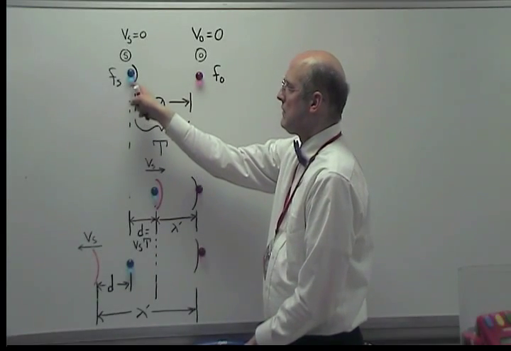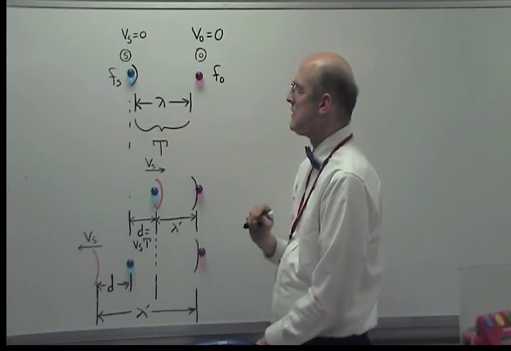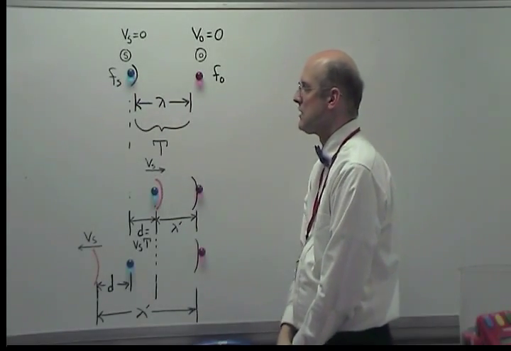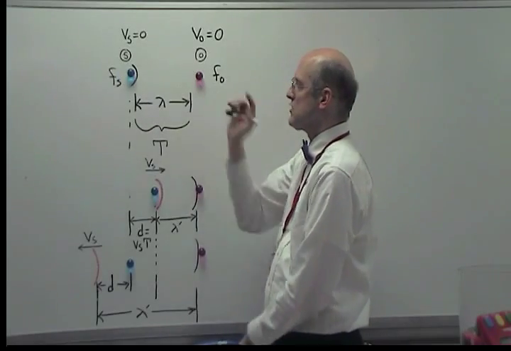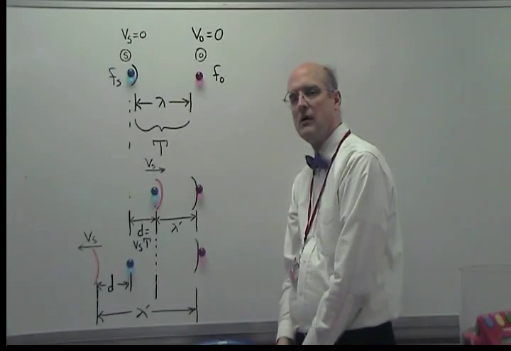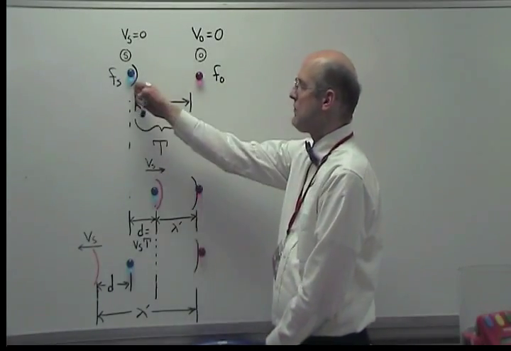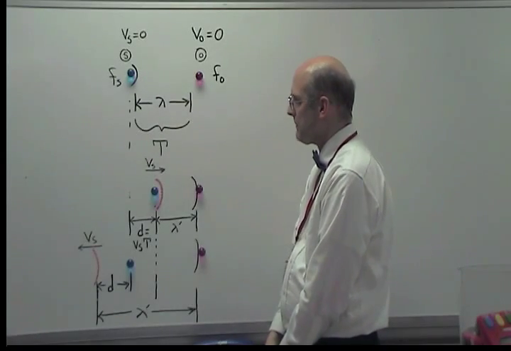So this crest, when it's emitted, the next crest will be emitted by the source when this crest reaches the observer. And of course it takes a time, tau, the period, for the wave to travel from the source to the observer.